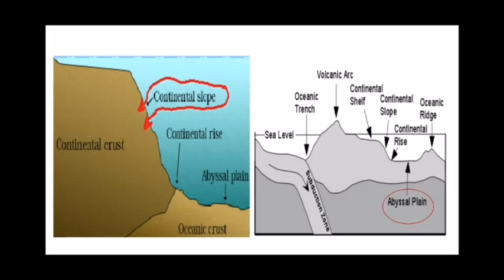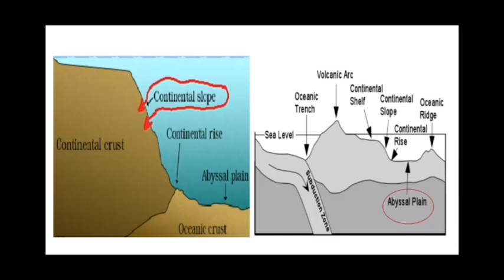Next is the abyssal plains. You can see that in the second picture. So children, after the continental shelf, we had the continental slope. Similarly, after the continental slope, we can see the abyssal plains. These landforms are the flat part of the seabed, as we have plains on the surface of the earth.